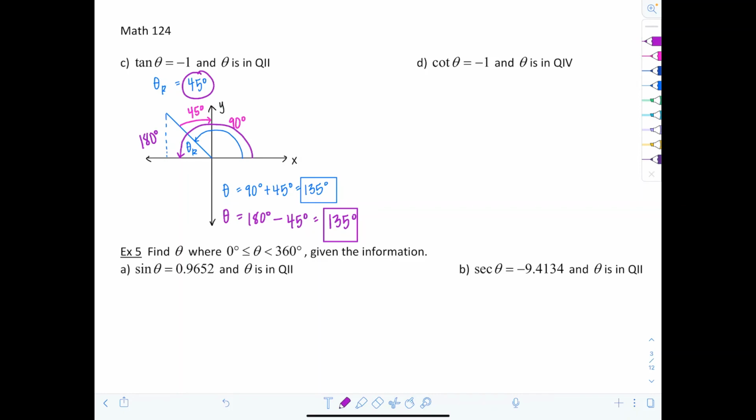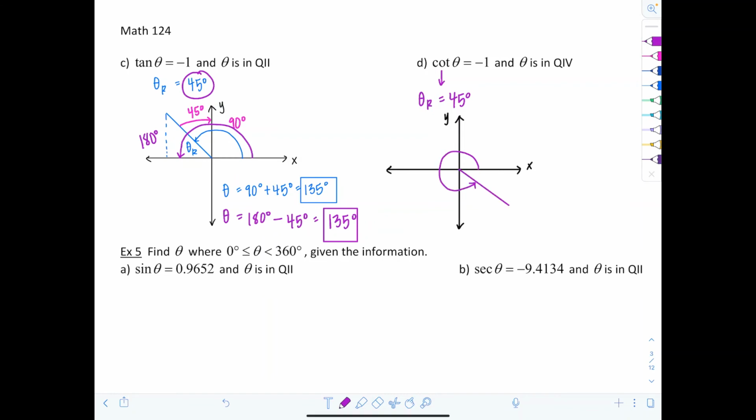Okay, last one. Cotangent of theta equals -1, and theta is in quadrant 4. As soon as I see cotangent's -1, I know my reference angle is, again, a 45-degree reference angle. And this time we're going to be in quadrant 4. Here's my y-axis, here's the x-axis. If we are in quadrant 4 and the reference angle is 45 degrees, it swoops out here and stops.